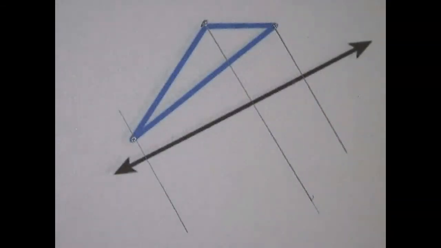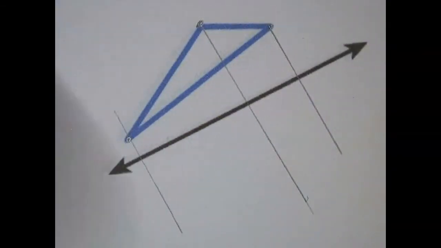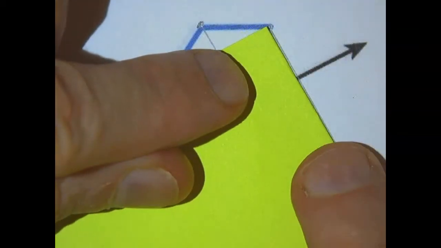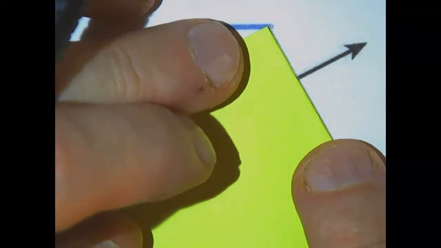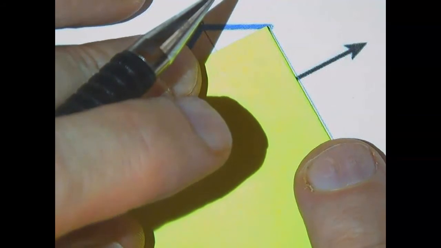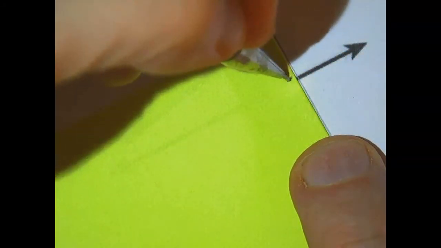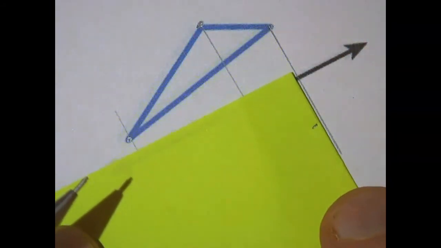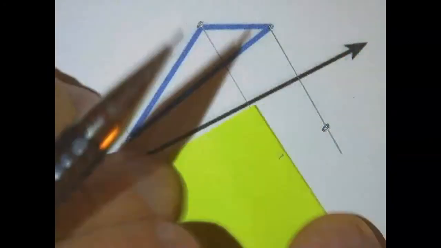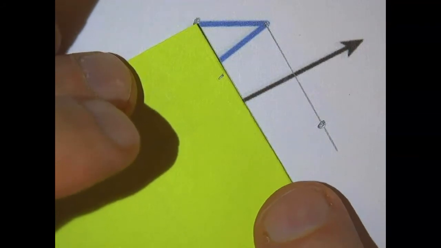Now I'm going to use this paper to store the distances. So I'm going to store the distance from this first vertex to the line of symmetry, which is the pre-printed line right there. Move it over and draw the point. And I'm going to do the same thing with this one. I don't have to erase anything.